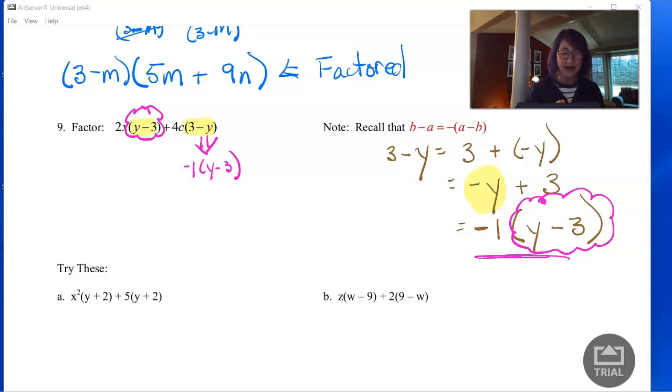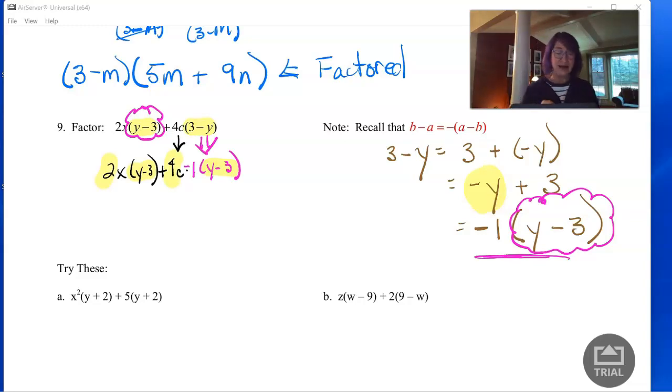So let's just go ahead and bring down the 4c, and that's not being subtracted, that -1 is being multiplied times 4c. Bring down the plus, bring down the 2x(y - 3). Okay, so now we have a common factor. We also have a common factor between the 2 and the 4.